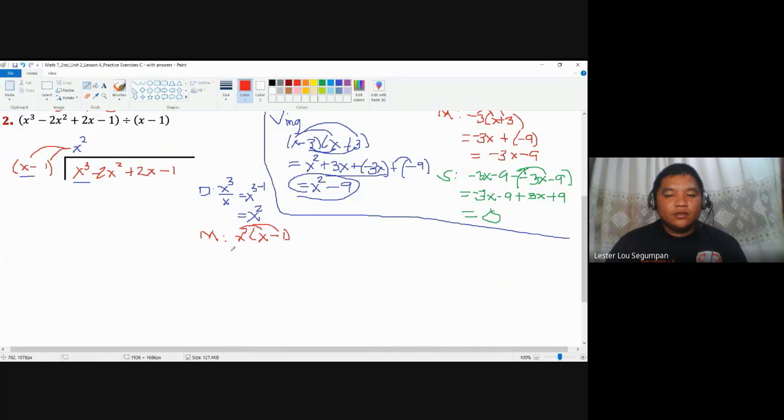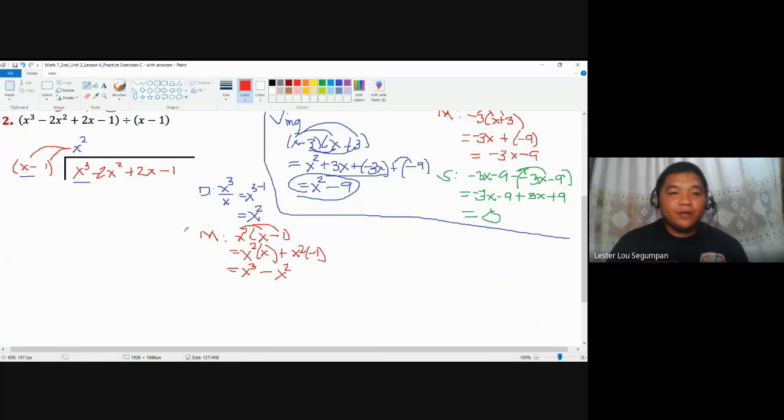Distribute that. You will have here x squared times x is x cubed. If you would like to see the process, again, it looks like that. Separate by addition, x squared times negative 1. So your product here is x cubed because that's 2 plus 1. And plus, you have negative sign, you have minus x squared.